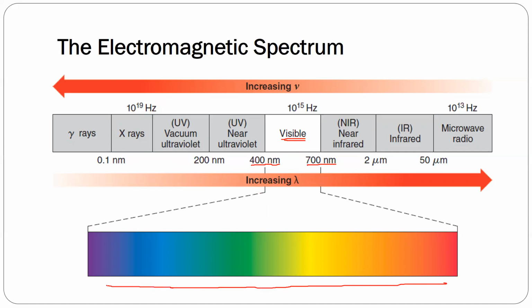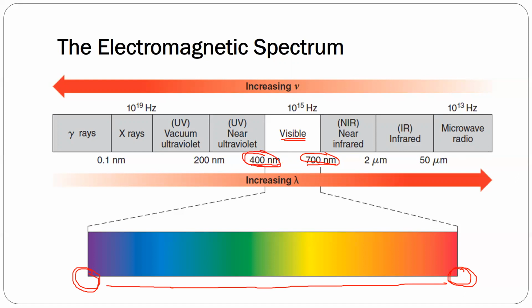And if you are going to take note here, yung 400, okay, corresponds to the redder part of the visible radiation, while 400 corresponds to the more purple part of the visible radiation. Since 400 is less than 700, okay, ibig sabihin 400 is more energetic.